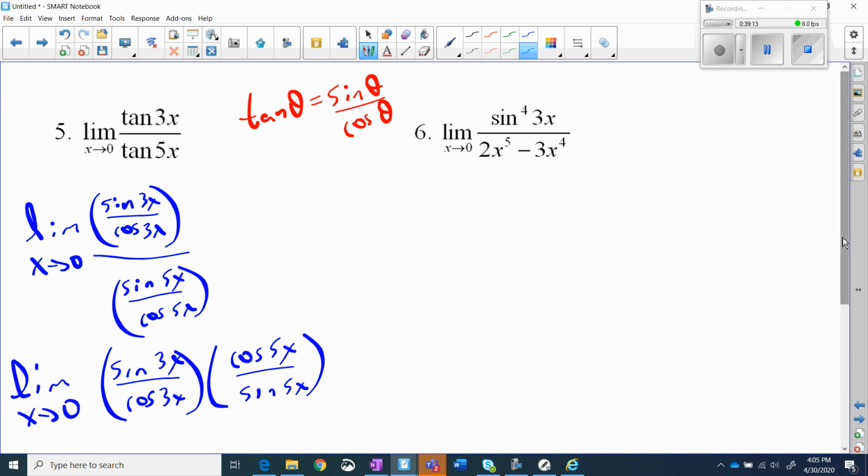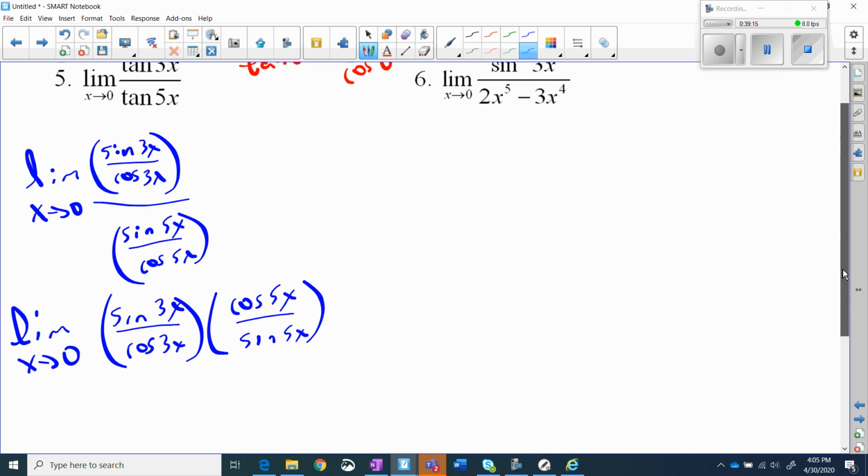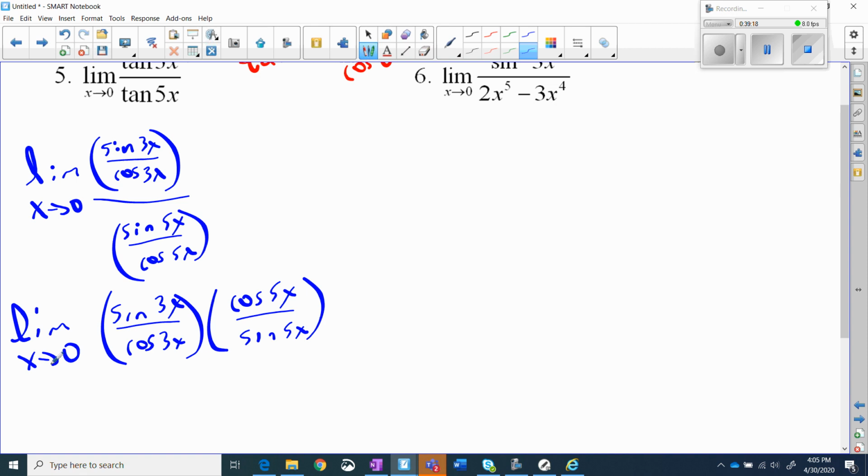And now we're going to try and set up our identity here. Remember, cosine of 0, we're not one bit afraid of that, because cosine of 0 is just equal to 1. So this term here and this term here are not causing us any grief whatsoever. If you have a bunch of things multiplied together, you can shuffle around the order you write them down.